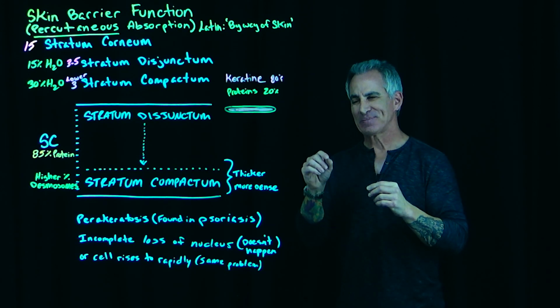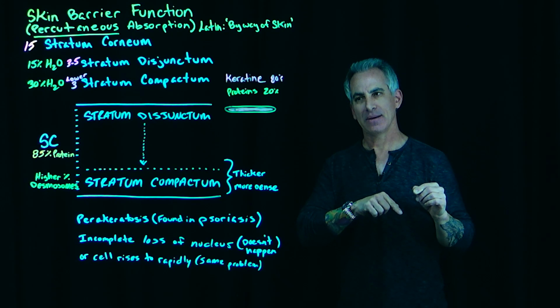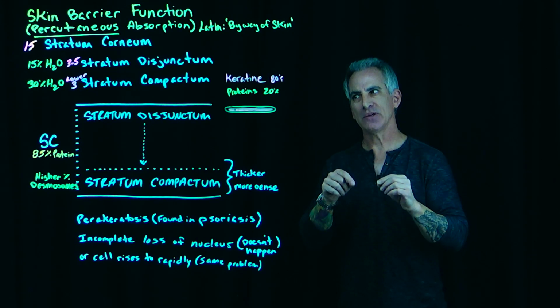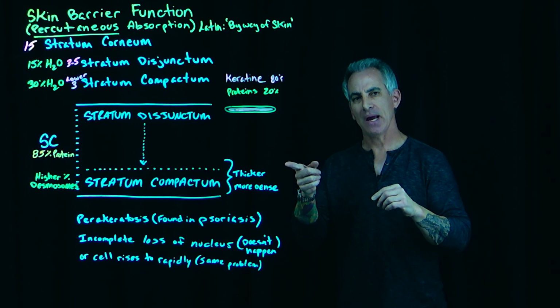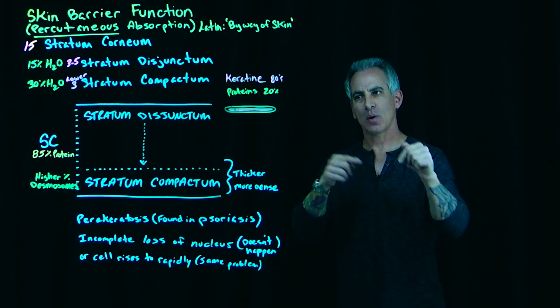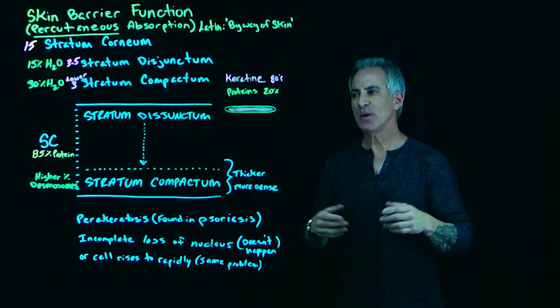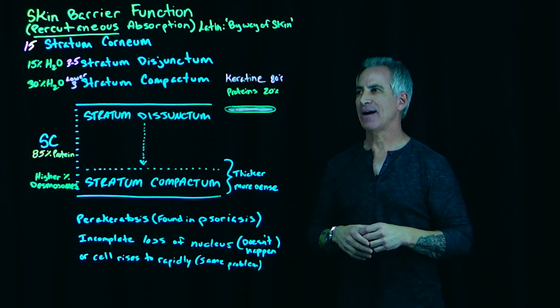Think about this for a second. If you live in a cold climate, is your skin going to exfoliate easier or worse as it relates to the cold climate and hydration? So think about that.